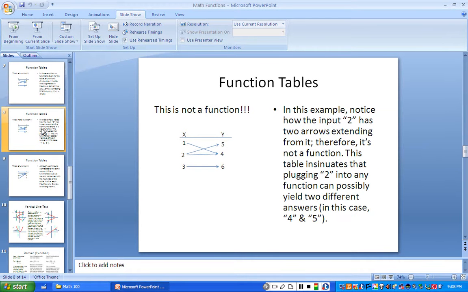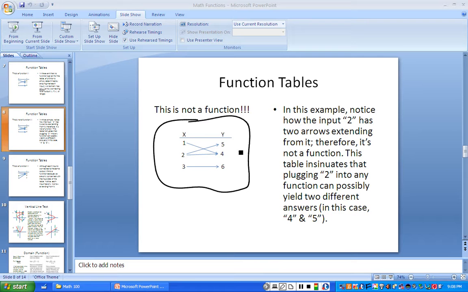Now, in contrast, let's look here. Again, we're not given a specific function, we're given a table, and we're asked to review this table and determine if this table represents a potential function or not. Again, all that is us looking at the domain, the x, the input side, and seeing if each input has only one answer.